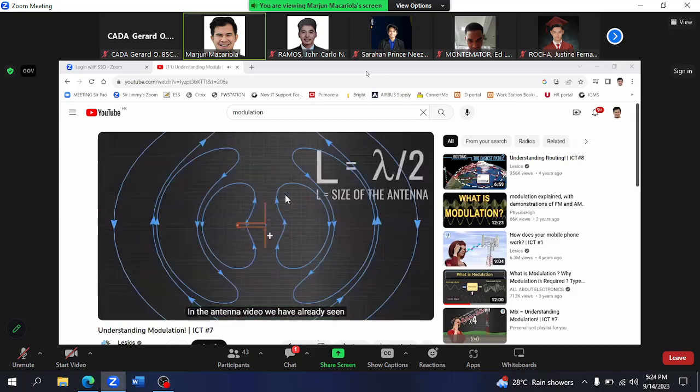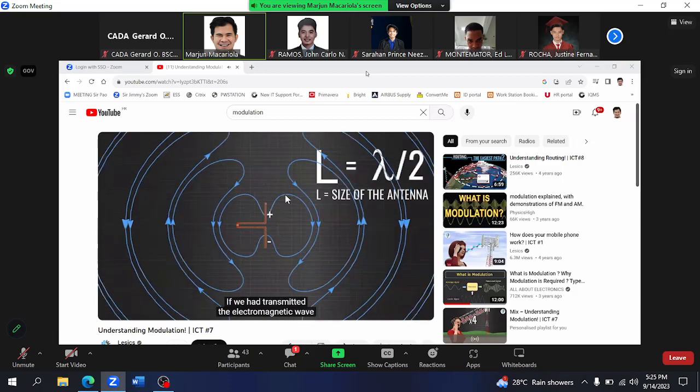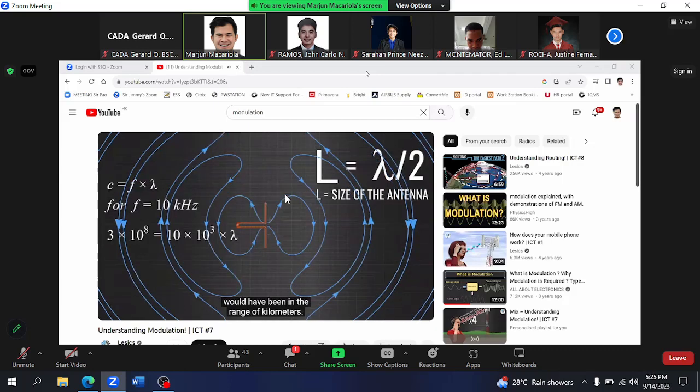If we had transmitted the electromagnetic wave in the same frequency of sound, the antenna size required would have been in the range of kilometers. This is why modulation, before the electromagnetic wave, we modulate this.